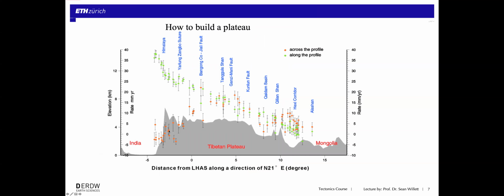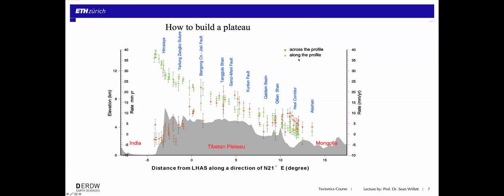In spite of this focus on the high Himalaya, you can in fact see that there is elevation shown in gray, but all of these points are in fact the velocity across in a north-south direction or in an east-west direction, the green lines. So you can see that there is in fact some... I got that backwards.